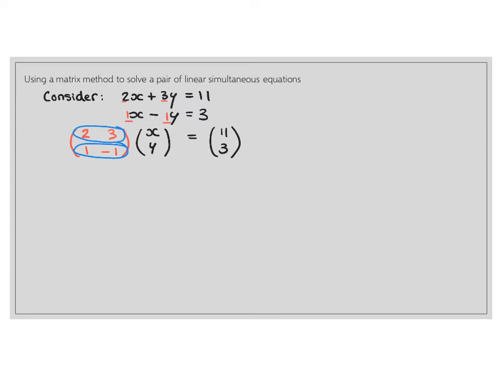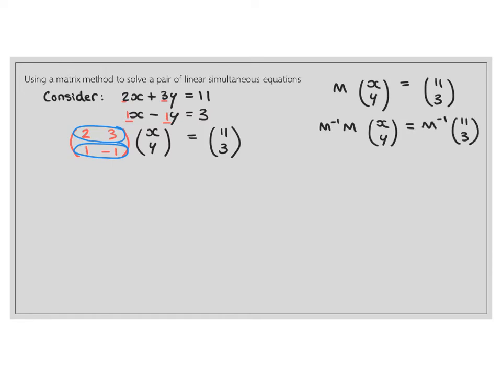So how can I now use a matrix method? Well, I have a matrix M multiplied by another matrix or vector xy, which equals 11, 3. Now, if I pre-multiply by M minus 1, I have M minus 1 M multiplied by xy equals, and on the right-hand side, M minus 1, 11, 3. Now, what do we know about M minus 1 M?